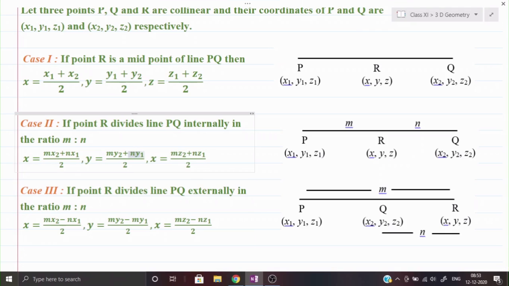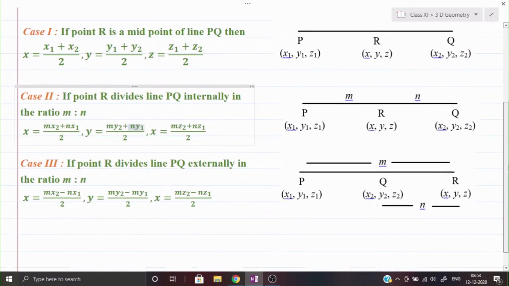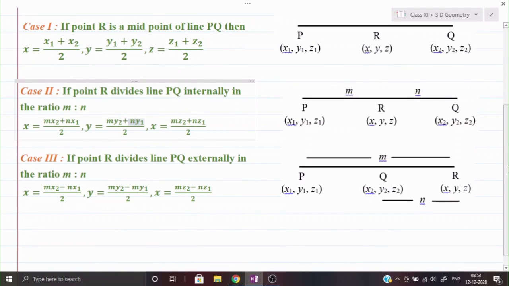Now you see case number 3 is: if the point R doesn't lie between P and Q, means it lies outside. This is called external division. In that case we should take the ratio PR to QR. If I want to find the coordinates of point R, you only have to change the sign.